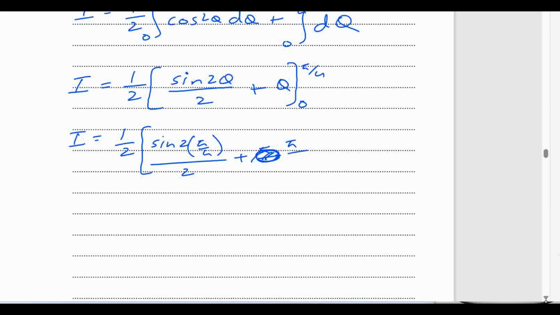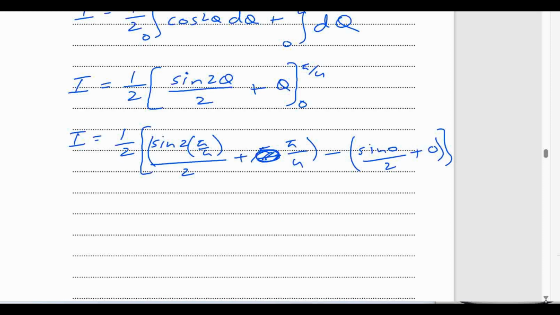So this is upper limit minus lower limit. So lower limit is sine 0 by 2 plus 0.